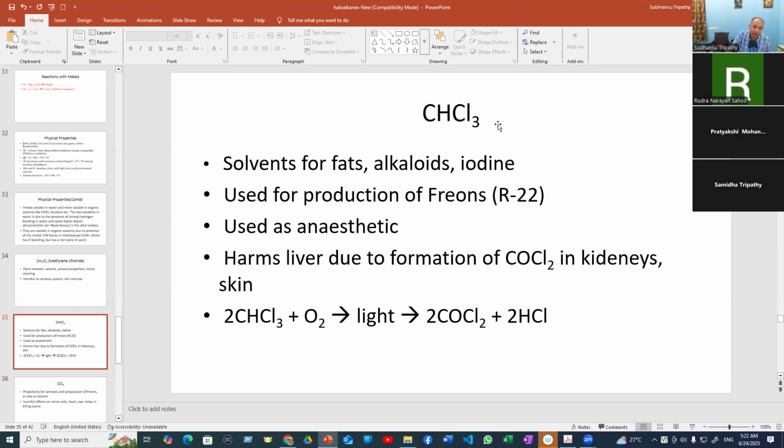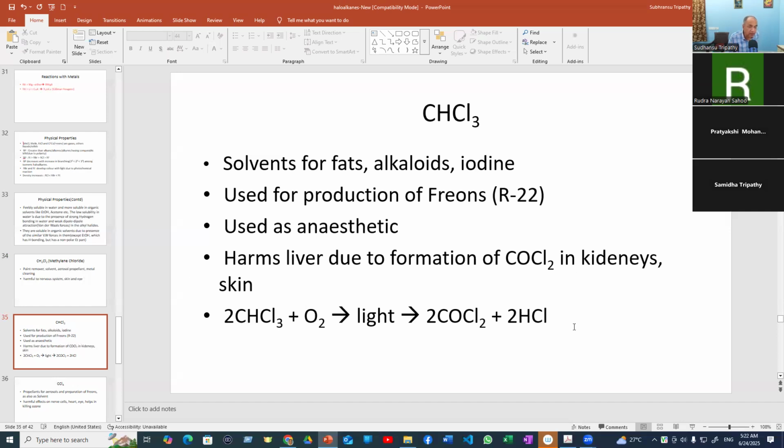Earlier, when surgery was being performed, they gave a chloroform-soaked cotton to inhale, and the patient went to unconsciousness after inhaling chloroform, which is volatile and comes out as vapor.